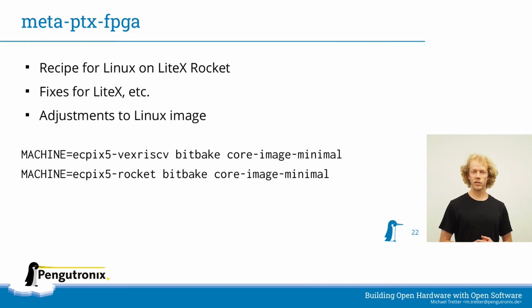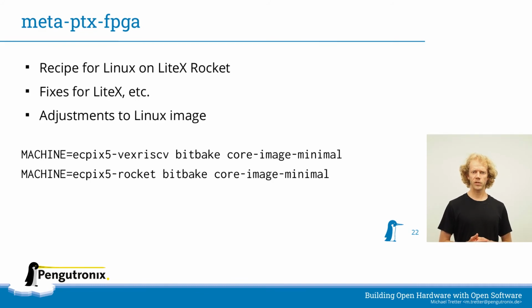I'm envisioning something like bitbake core-image-minimal with only the machine set to ECP5 VexRiscv or ECP5 Rocket. This is not completely working yet, due to a few hiccups in the meta-ptx-fpga layer, which I simply didn't have time to address yet.